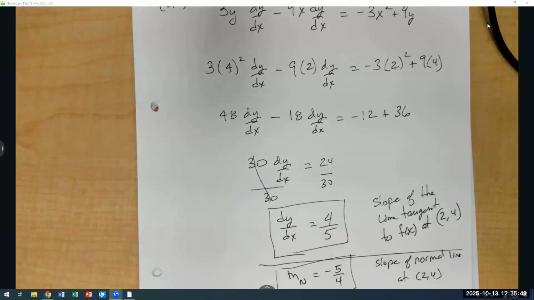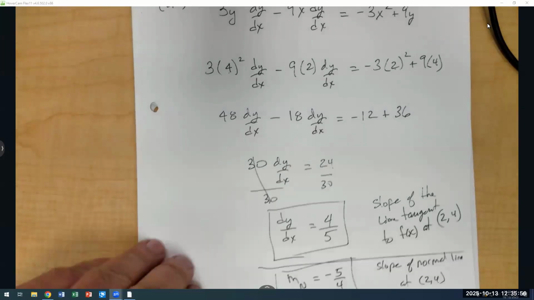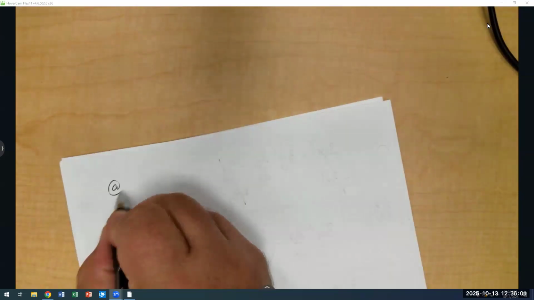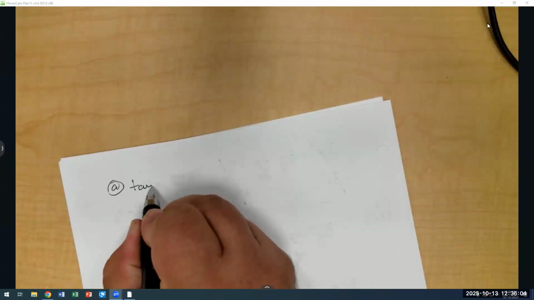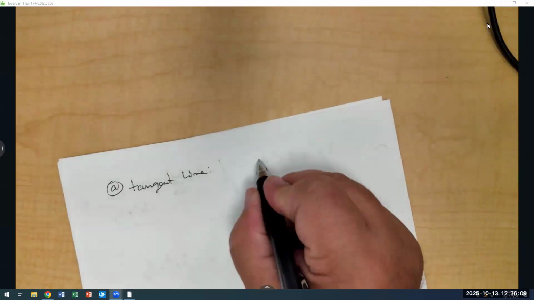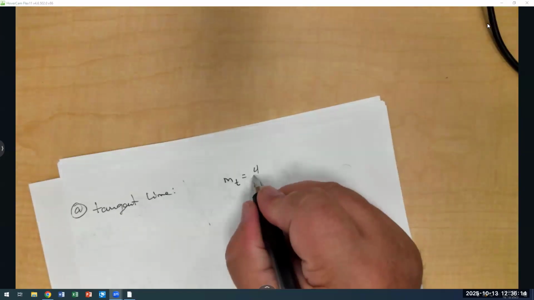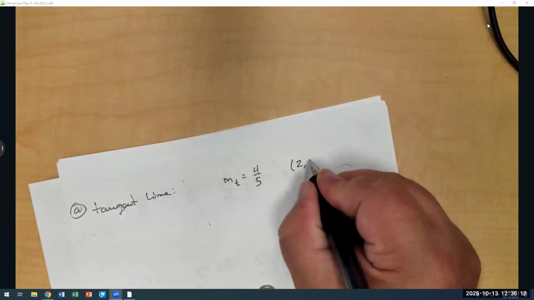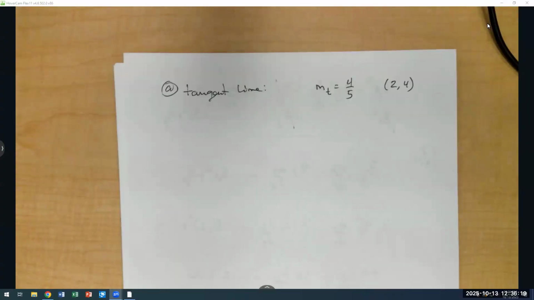No. We haven't found the equations of the lines yet. The task was to find the lines tangent and normal to the curve at 2, 4. We know the slope of the line tangent is 4/5. It's at the point 2, 4. So how do we find the equation of the line tangent?